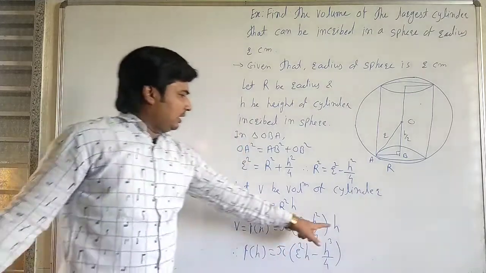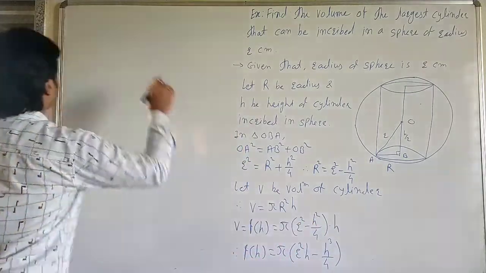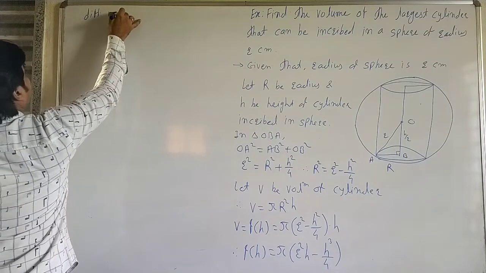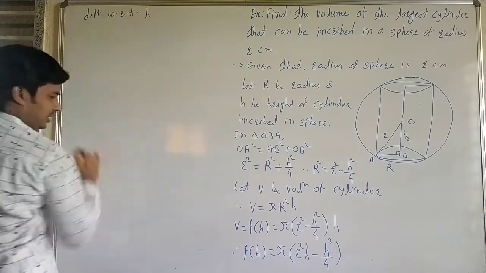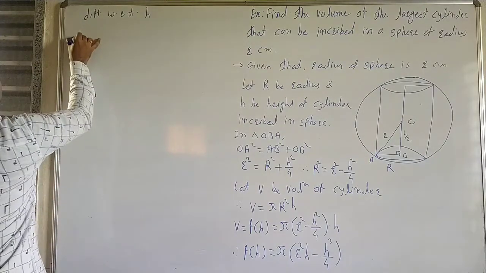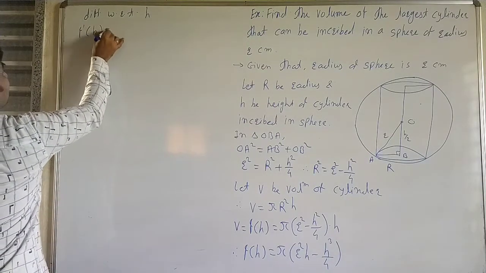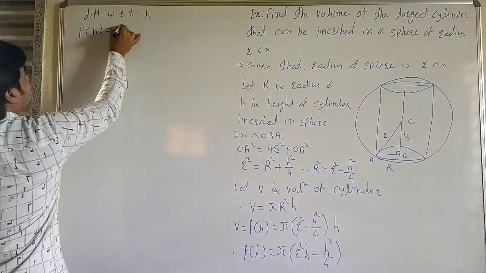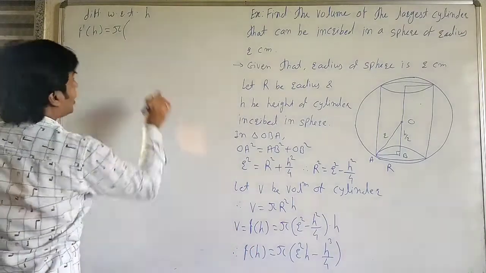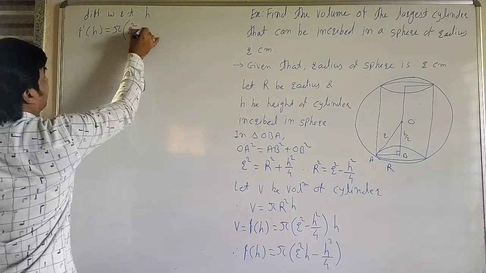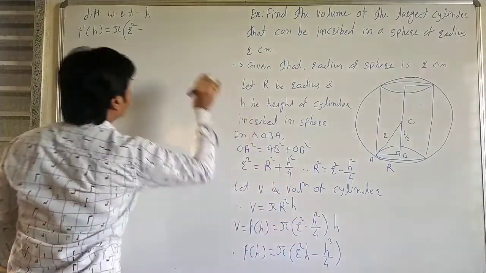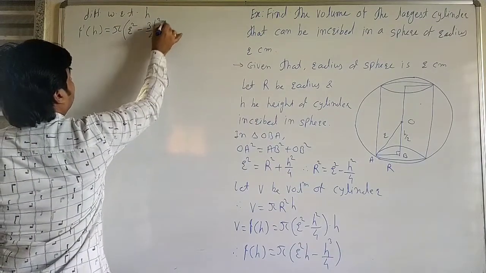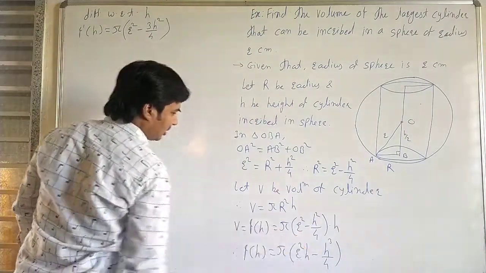Here we multiplied by H. Now differentiate with respect to H. Therefore we can write f dash of H is equal to pi as it is, and the derivative of r square H minus H cube by 4 is r square minus 3H square by 4.